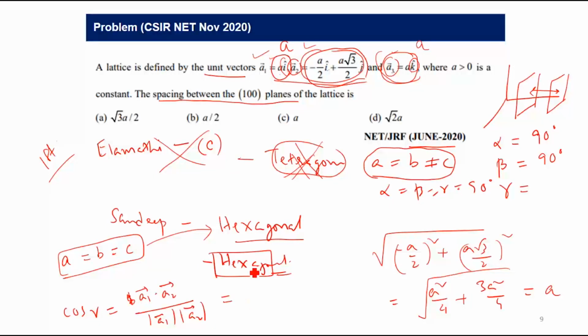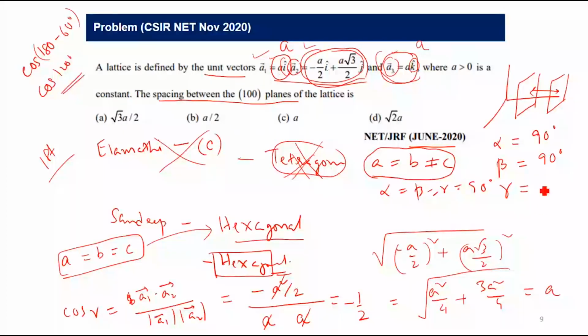A1 dot A2 is nothing but minus A square by 2, and mod of A1 is A, mod of A2 is A, because we have just checked all of them have value A. So A square and A square cancel, it is minus half. So cos of gamma is minus half. So what will be gamma? Cos of 180 minus 60 degrees is equal to cos of 120 degrees. So gamma is 120 degrees.